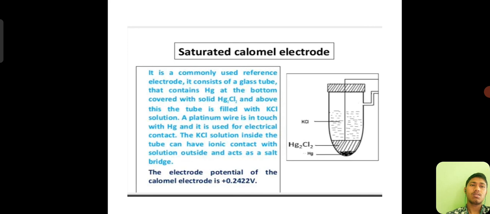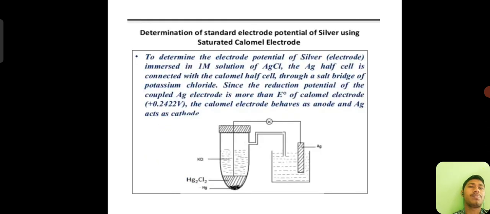The KCl solution inside the tube makes ionic contact with the solution outside and acts as a salt bridge. The electrode potential of the calomel electrode is plus 0.2422 volts. As shown in the figure, below is Hg and above it is Hg2Cl2, and the solution in the beaker is KCl, potassium chloride.